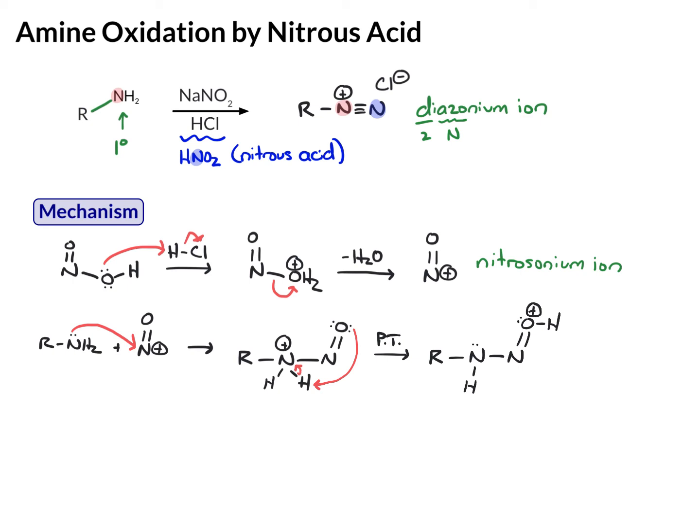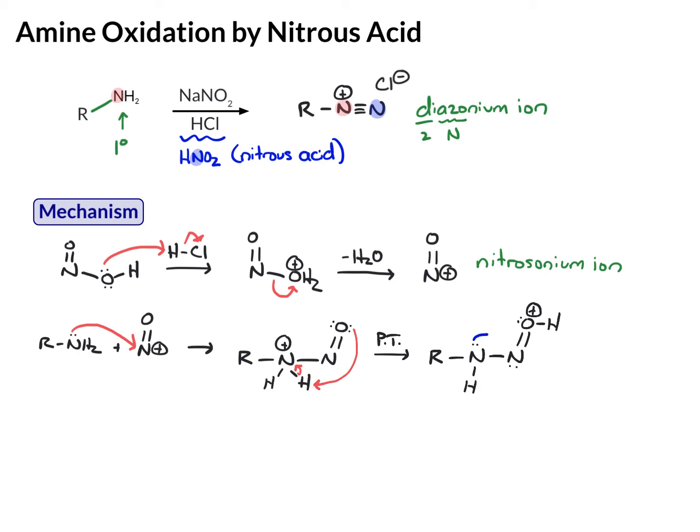So let's draw in all of our lone pairs just to keep track of everything. So now we get this structure. From here, we can get a double bond between the new nitrogens just by drawing a resonance structure.